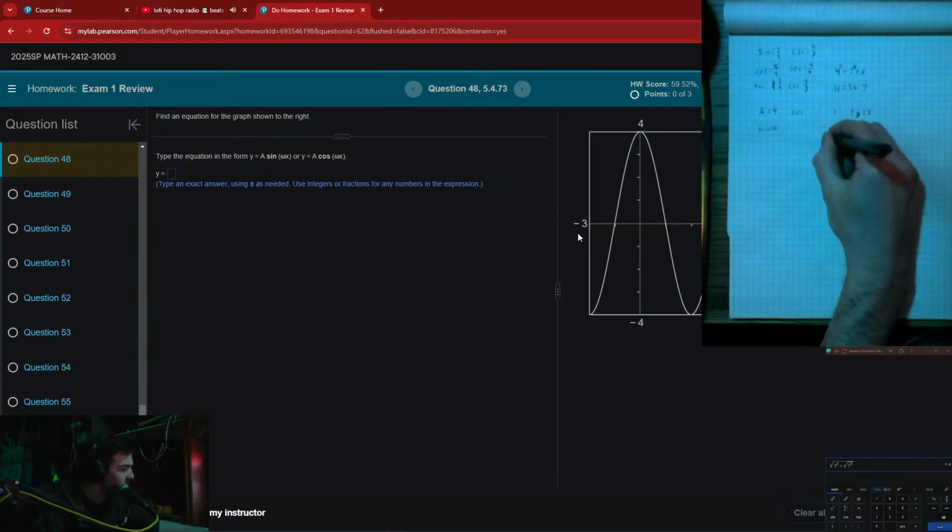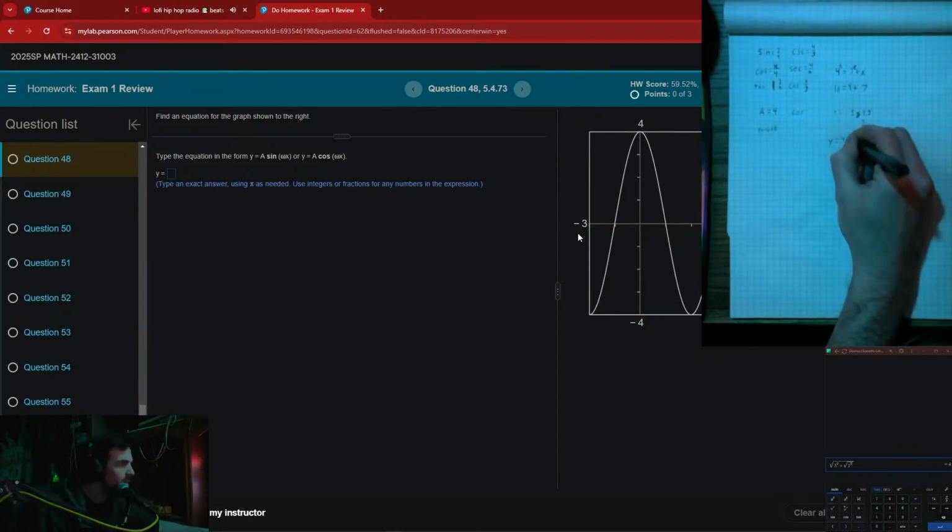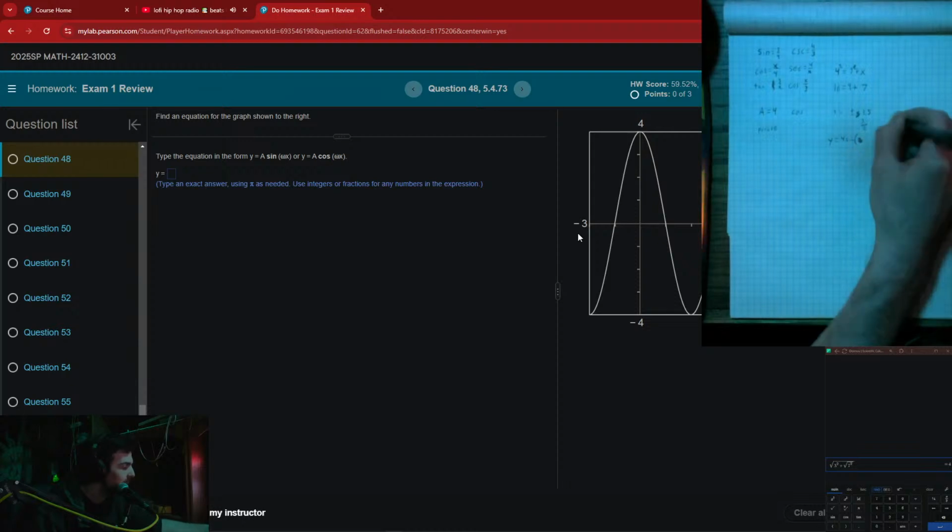If we're doing sine, that'd be y equals 4 sine. In the parentheses, we need a 2 here, right? No, because we need a period of 6. To get the period, we would need omega, 2 pi.